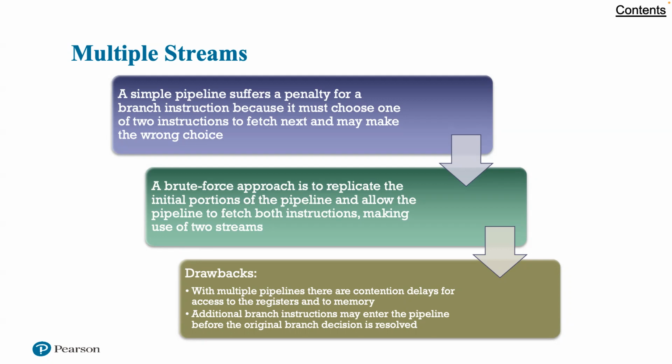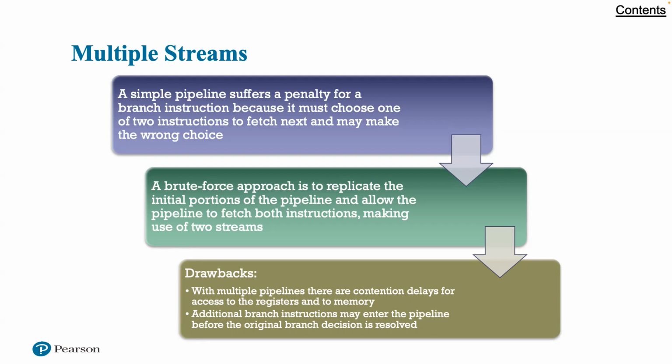There are two problems with this approach. First, with multiple pipelines, there are contention delays for access to the registers and to memory. And second, additional branch instructions may enter the pipeline on either stream, that is, before the original branch decision is resolved.